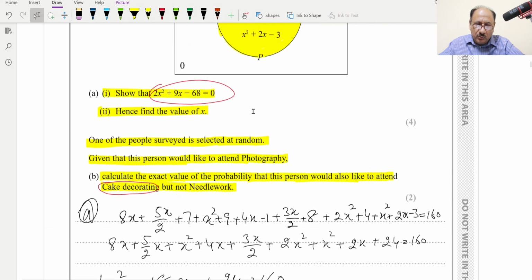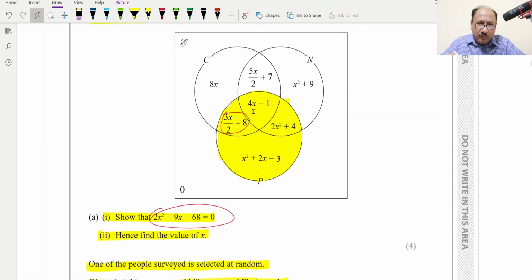So we will check for the other portions. This portion is 14, and if we replace x is equal to 4 in this one, 4x will be 16 minus 1, so this portion will be 15.